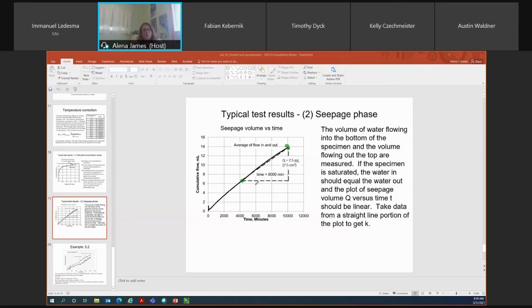I'll work through an example problem with you guys, so we're able to delve into this in a little more detail. But I'm going to pause here before we go to the example problem to see if anyone has any questions.